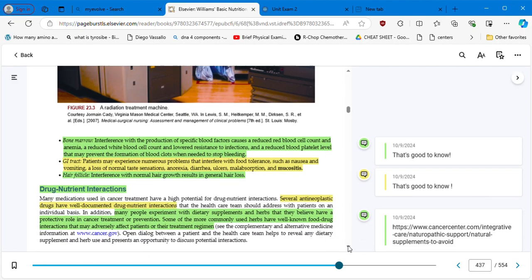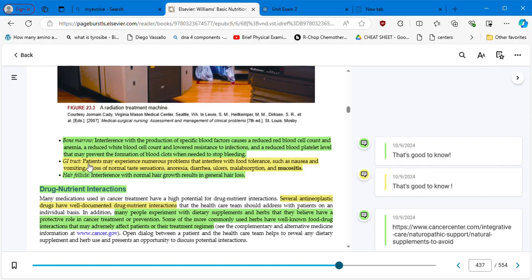In the bone marrow, there is going to be an interference with the production of specific blood factors. It causes a reduced red blood cell count and anemia, of course, reduced WBCs, reduced platelets.